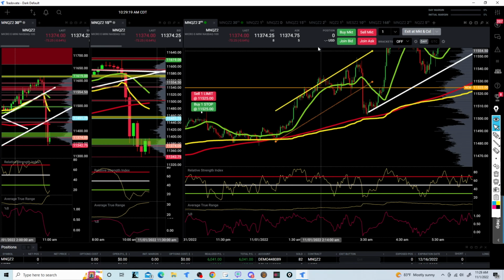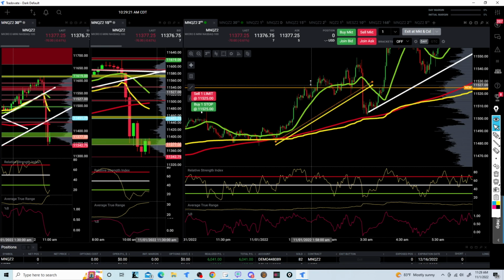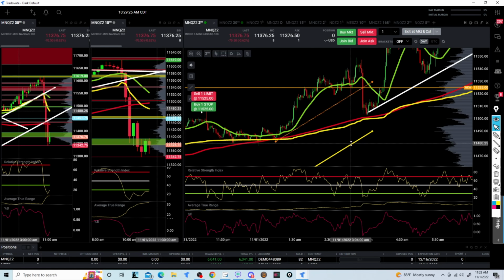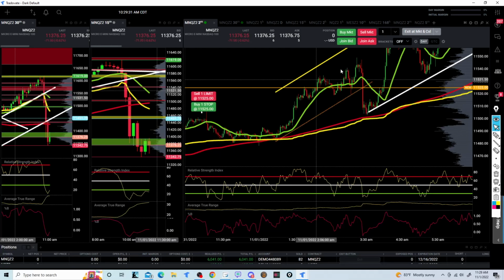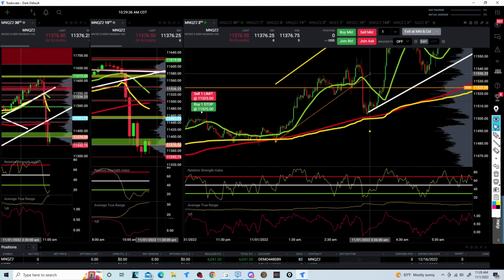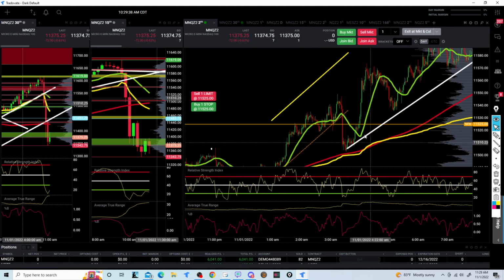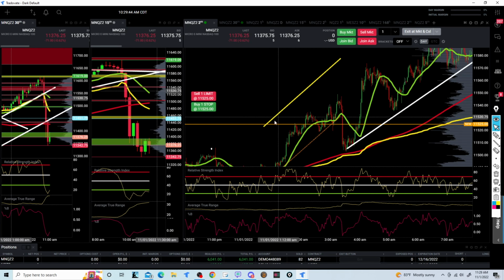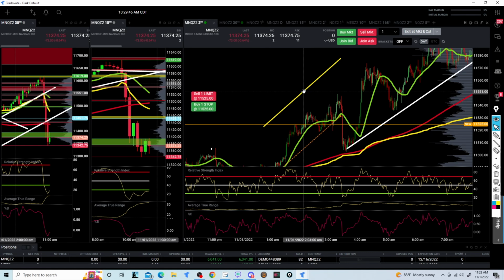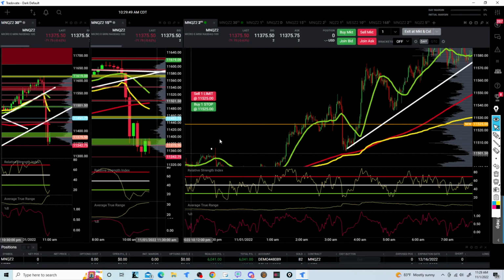We'll want to go back in and remove the upper one. Anyway, I don't like how their tools really work for channeling. I'm not liking it.